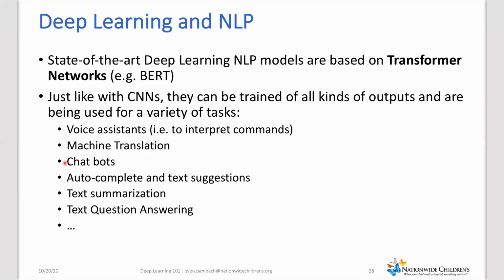Chatbots that you might talk with at some site when you're trying to get tech support or something, that is using deep learning. Auto-completion, text suggestions, if you write a Gmail email and it tells you how you should end your sentence, that is using deep learning. There's even things like text summarization and question answering. So you have a large text and these models can try to summarize the gist of it. All right.